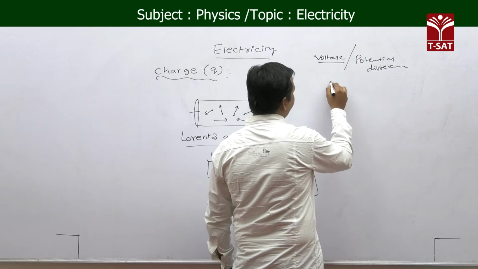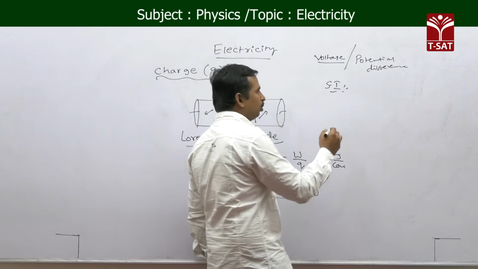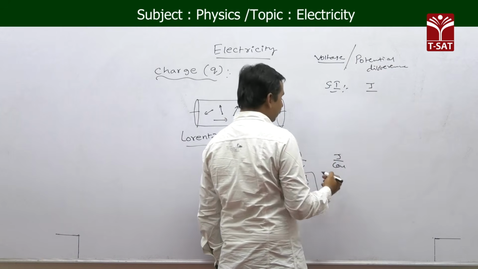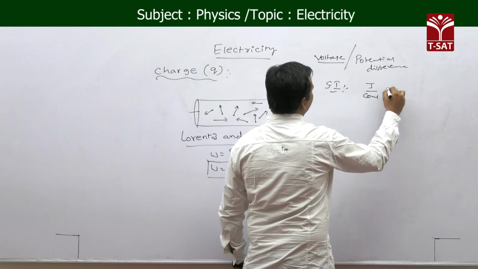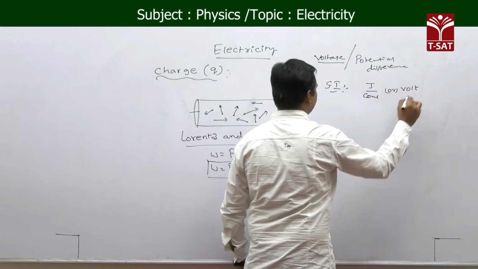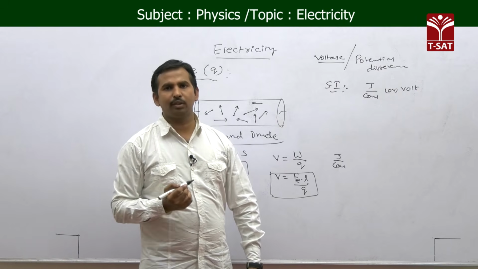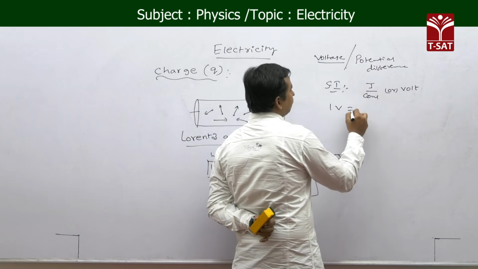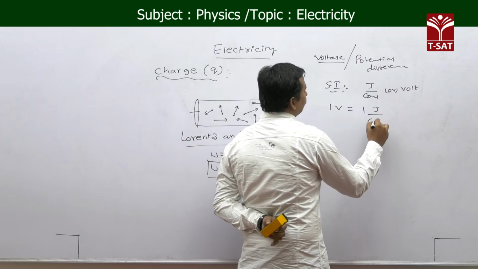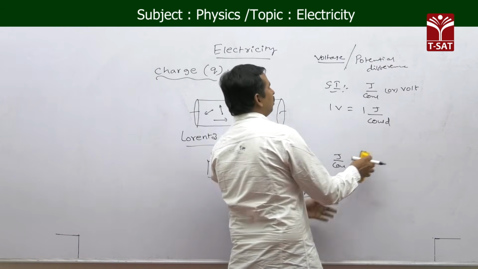Its units in the SI system is joule per coulomb, work by charge, and that joule per coulomb only we call volt. Volt is the unit of voltage here, and 1 volt is equal to 1 joule per coulomb. What do we mean by 1 joule per coulomb?